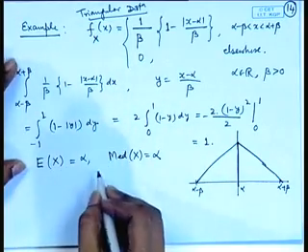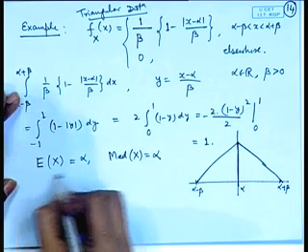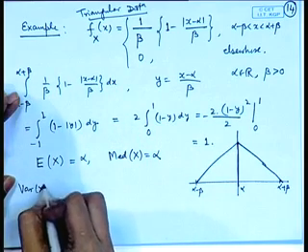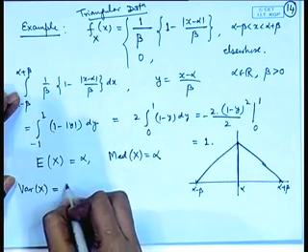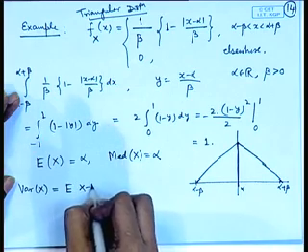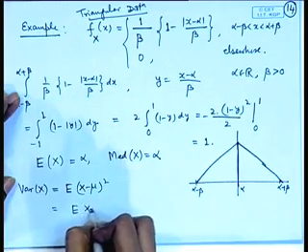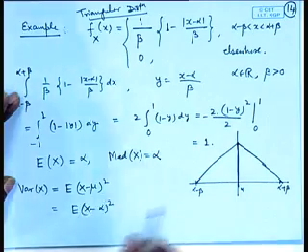Therefore, we can consider higher order central moments. Let us consider, say, the variance. So, the variance of x is equal to the expectation of x minus mu square, that is equal to the expectation of x minus alpha square.